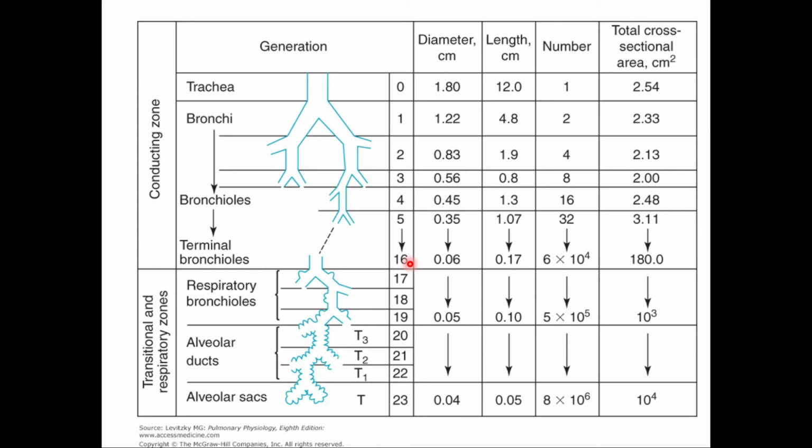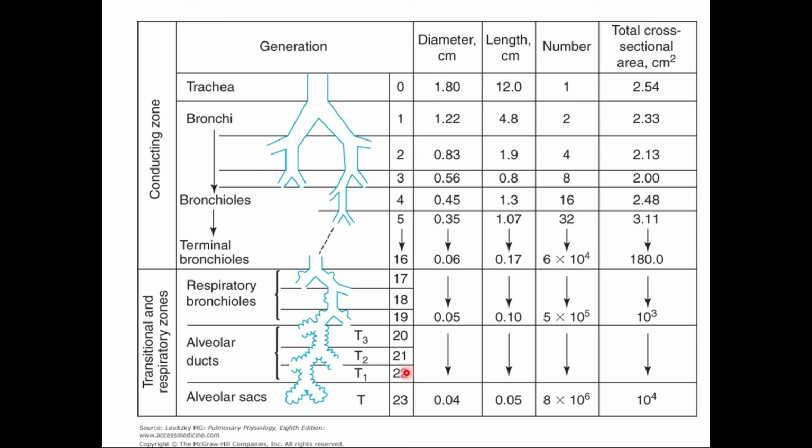Alveoli start to appear at the 17th generation, through the 19th generation, in the respiratory bronchioles, which constitute the transitional zone. The 20th to 22nd generations are lined with alveoli. These alveolar ducts and alveolar sacs, which terminate the tracheobronchial tree, are referred to as the respiratory zone, and the exchange of gases occurs here.